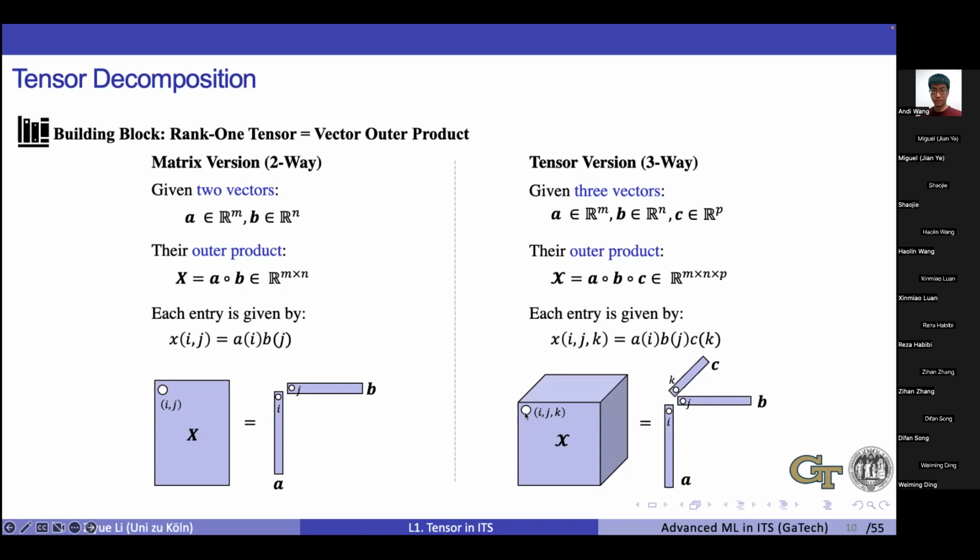The value at position ijk inside this tensor is the ith element from A, the jth from B, and the kth from C. It looks like a chicken foot. Here we call it a rank 1 tensor, and for the matrix case, a rank 1 matrix.